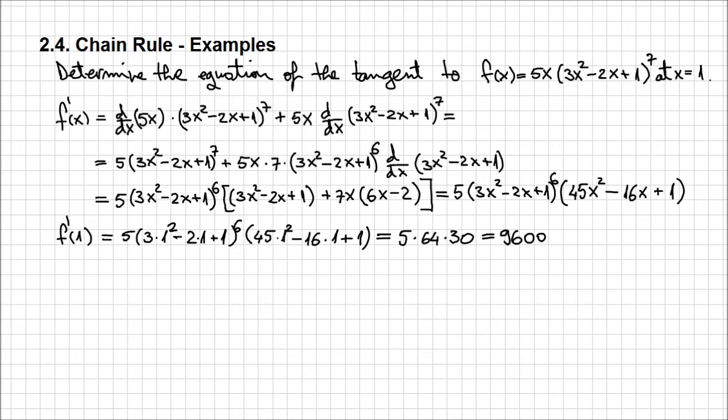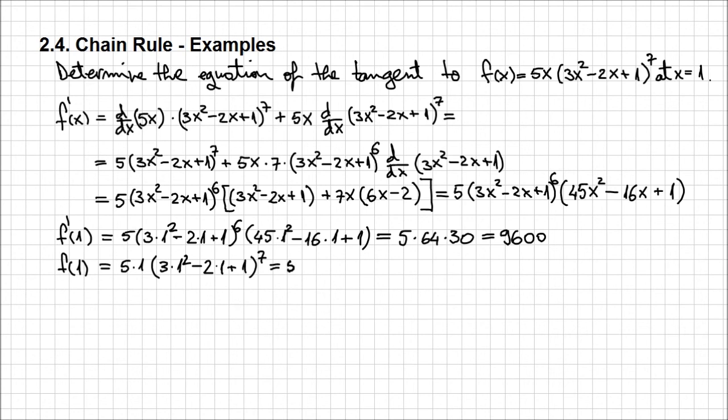We can also determine one point on this tangent. We don't necessarily need the y-intercept, but we need a point. The easiest point to calculate, when we have a value for x, is the value corresponding to that x value, and that is f of 1, the y value when x equals 1. So let's calculate f of 1. This is 5 times 1 times (3 times 1 squared minus 2 times 1 plus 1) to the power 7.